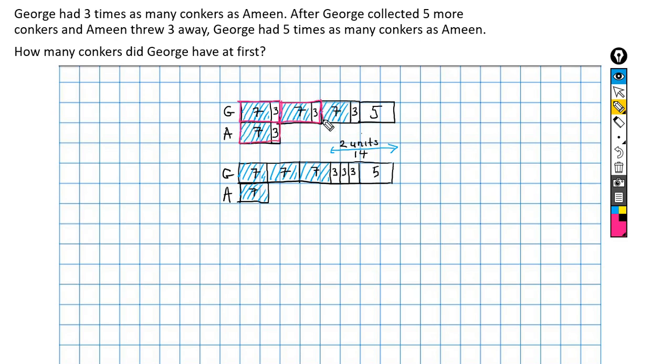So this is what we had at first. Each of these is worth 7 plus 3, so that's 10. George had 3 of them, so that's 30. So at first, George had 30 conkers.